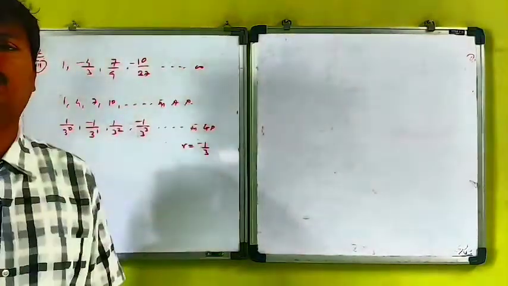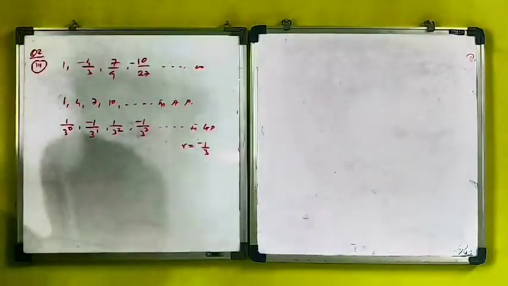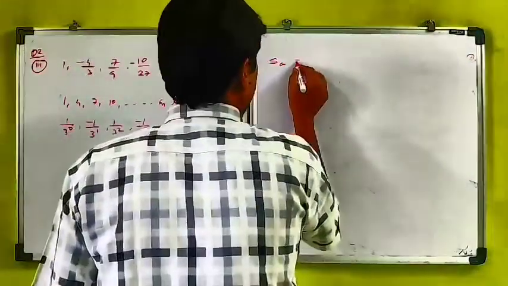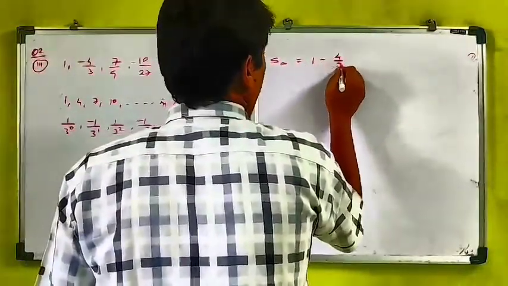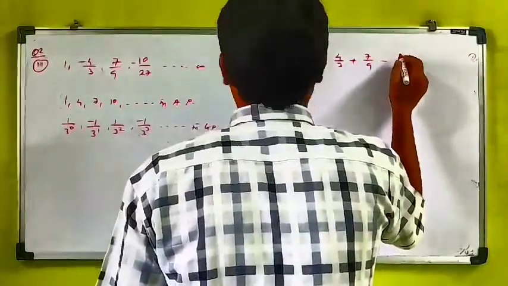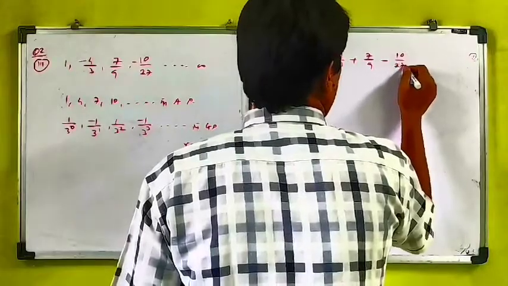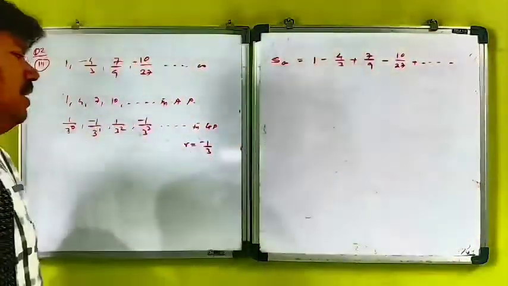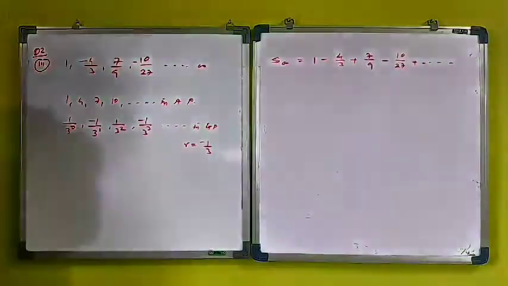So here the common ratio is minus 1 upon 3, and therefore the sum of the infinite series in this, that is 1 minus 4 by 3 plus 7 upon 9 minus 10 upon 27, like this. You have to apply the same method, you have to multiply with the common ratio.